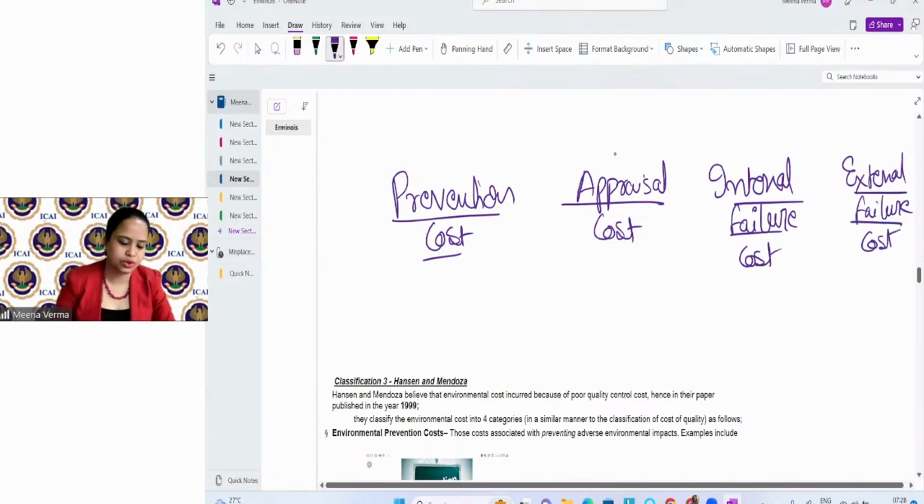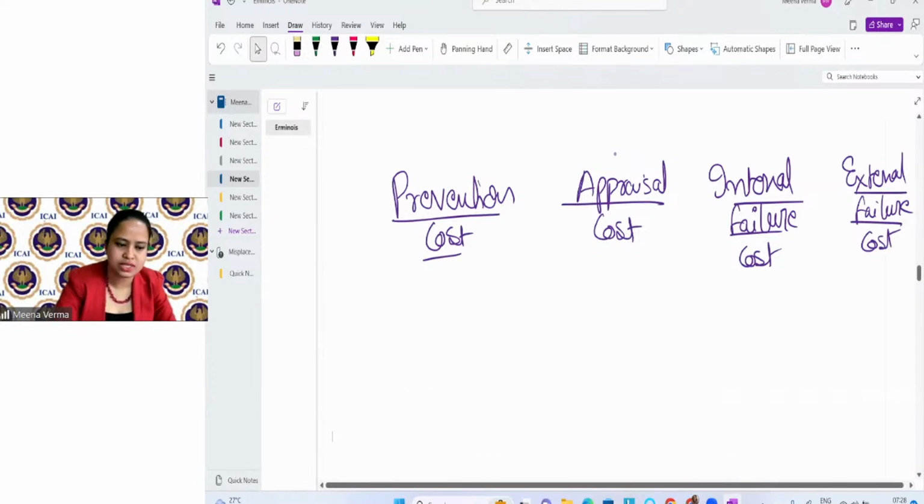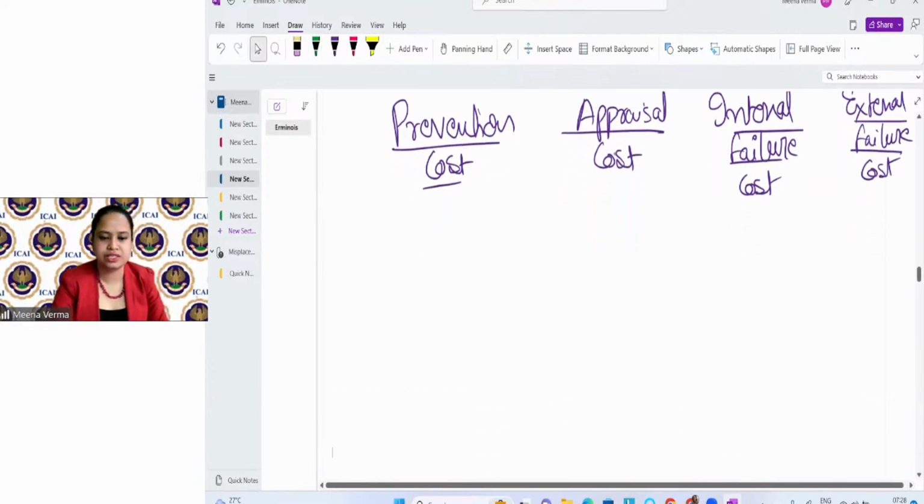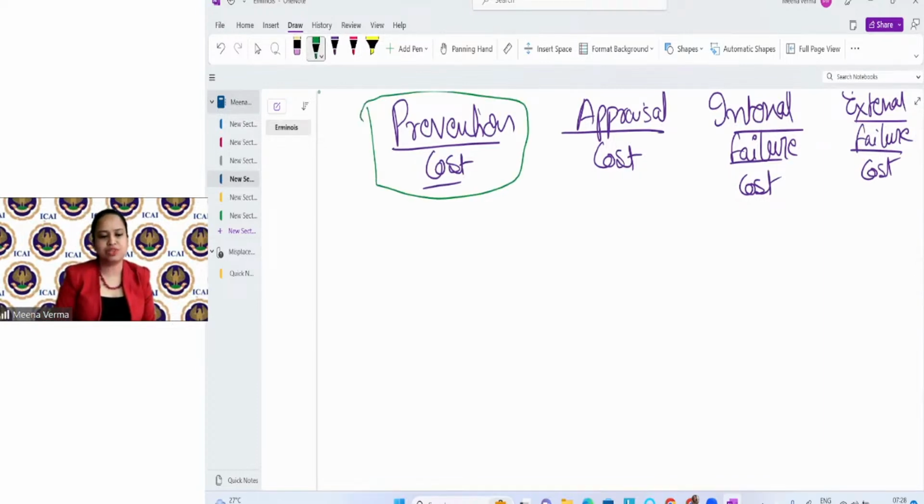Right? Okay, let's try to understand these costs. All the environmental costs, they're classifying in these forms. Let's try to understand it. First is prevention cost. Now, what is prevention cost?